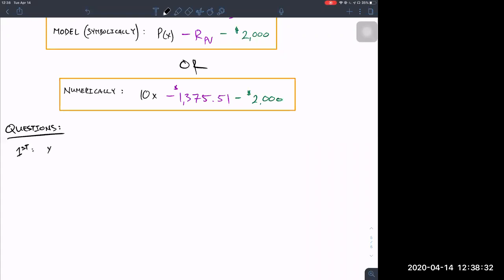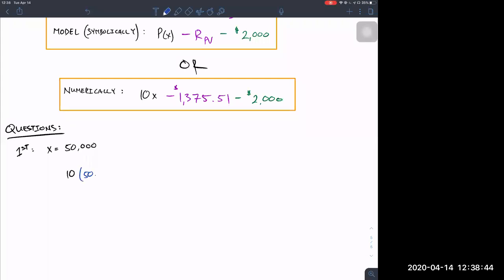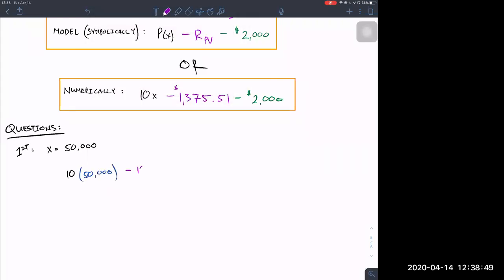They told you that X is equal to 50,000. So what do you do? You take that first month's model, you plug in your 50,000, and you calculate.